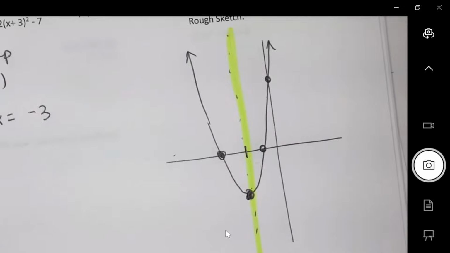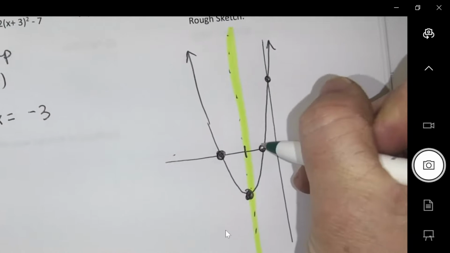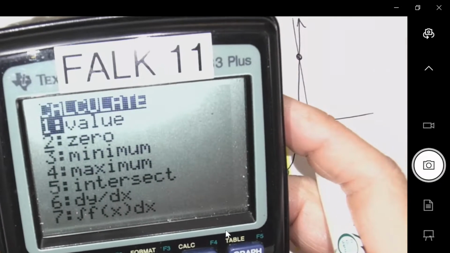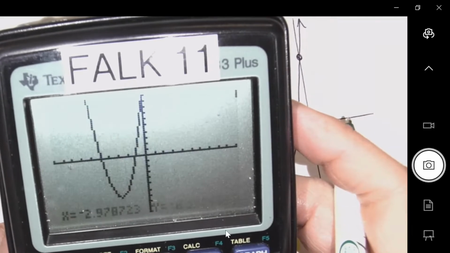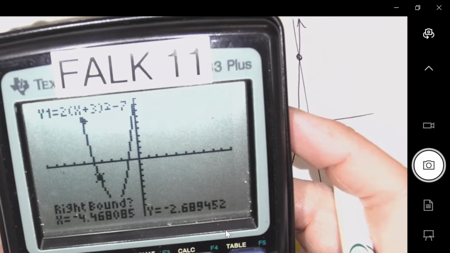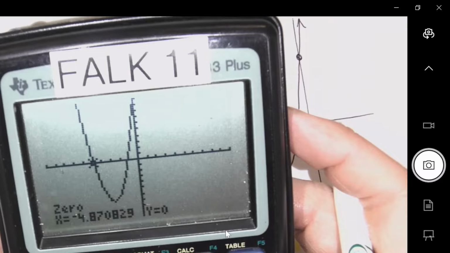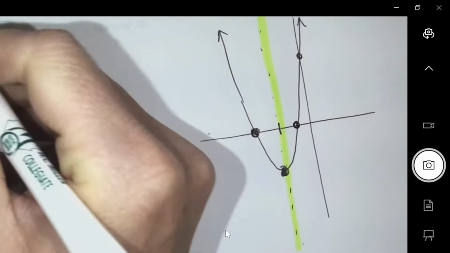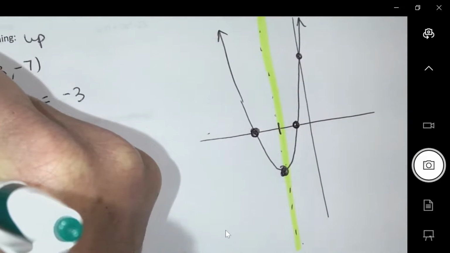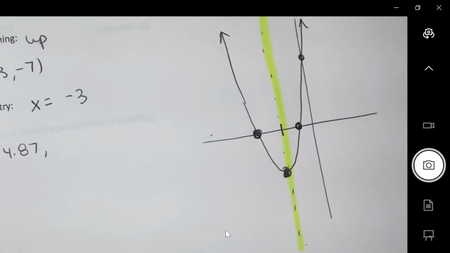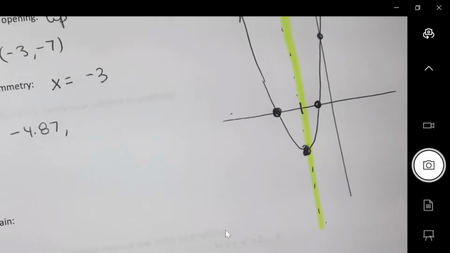Okay, the x-intercepts. So how do I find those 2 points? So I'm going to go second, calculate, and it's called a 0. You need your calculator to be left, right, and then enter. Okay, and then you have to repeat that process again for the other one.